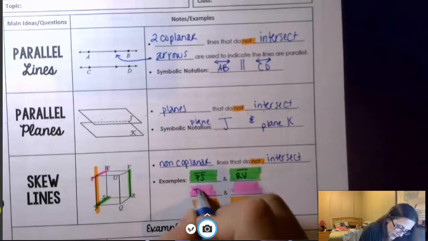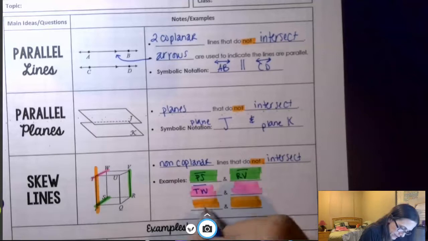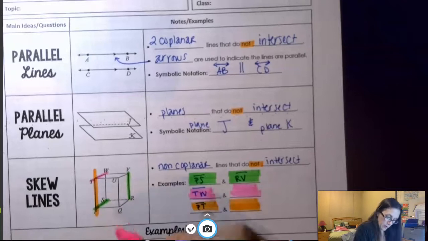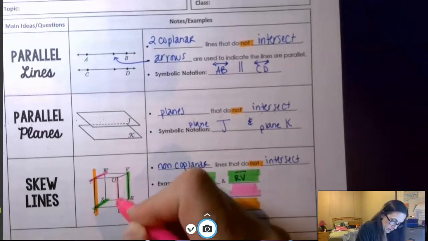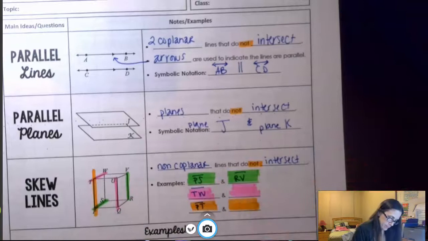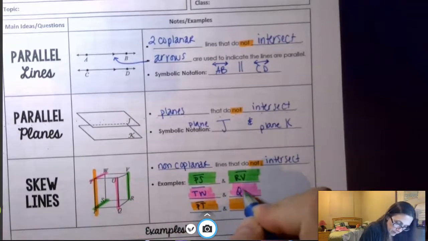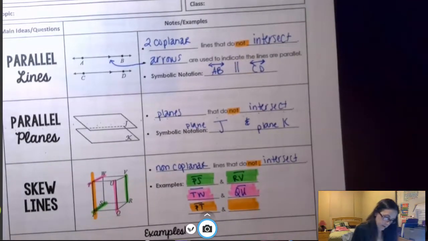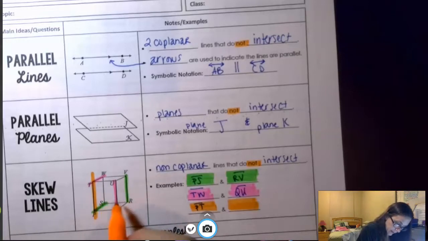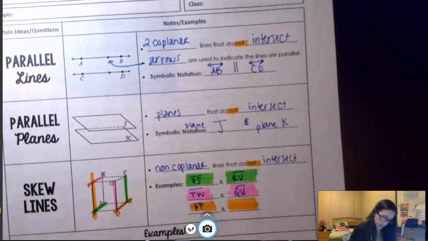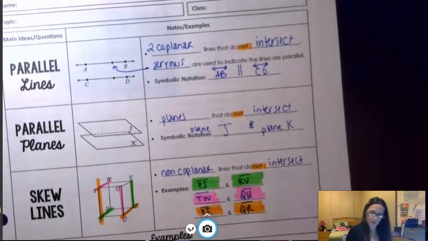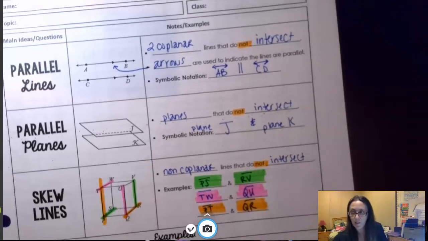And then this is going to be line segment TW and line segment PT. TW would be skew to something like UQ or VR. So I'll do UQ in this one. And then PT might be skew to QR or SR back there. We'll say QR. So there are other choices you could have picked on this one, but those are definitely ones that work for skew. So skew is not parallel and not intersecting.